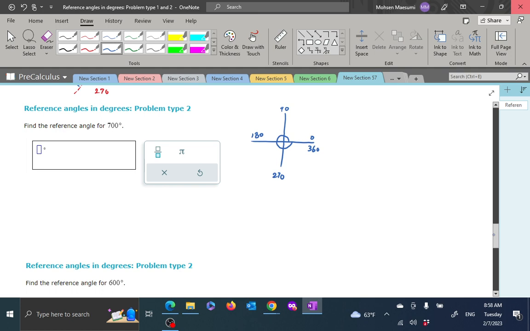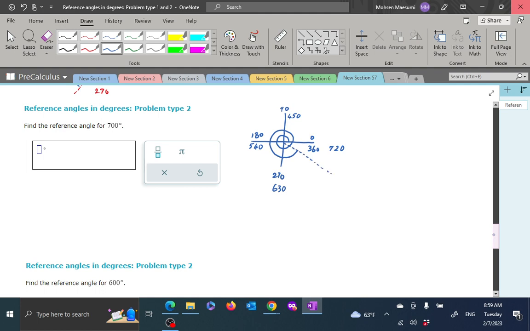I'm not there yet, so keep going. 450 after 360, add another 90 becomes 450, and another 90 to that, it becomes 540, and then 540 and 90 will be 630. By the time we come back here, we are at 720. Okay, so 630 doesn't do it. 720 is extra, so I've gone through this whole circle and come here.